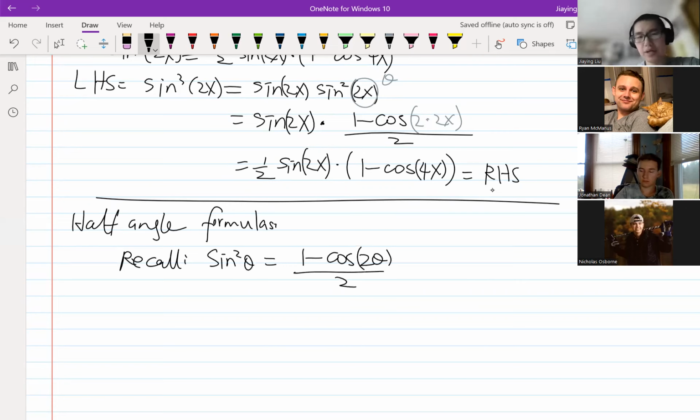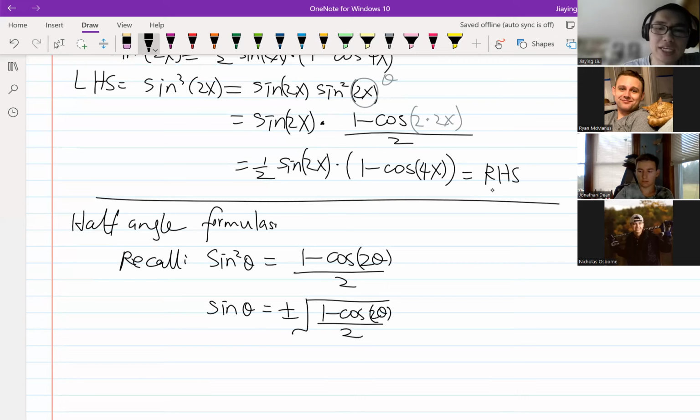That's what we had earlier. And what we can do is take the square root on both sides. So I get sine theta equals plus minus square root of 1 minus cosine 2 theta over 2. I don't know if it's positive or negative, but that's what sine is.